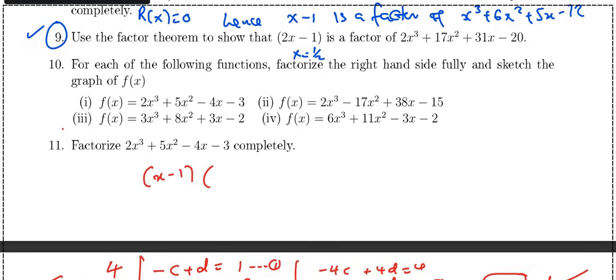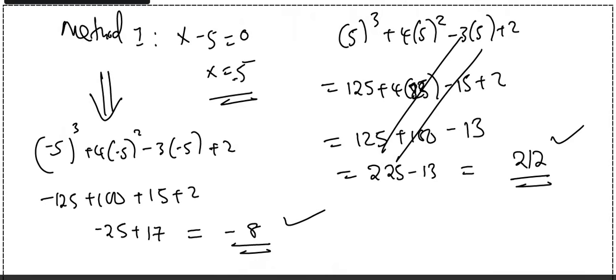For number 10, they're saying for each of the following functions, factorize the right hand side fully and sketch the graph of f of x. So if we are interested in getting the graph of a polynomial like this one here, I'll solve the first one. So that's question 10.